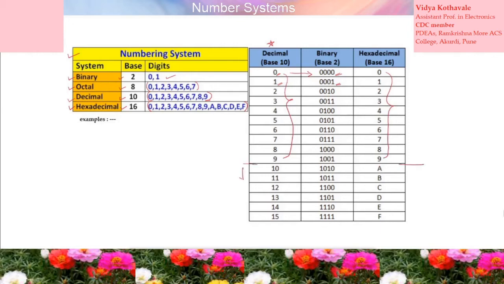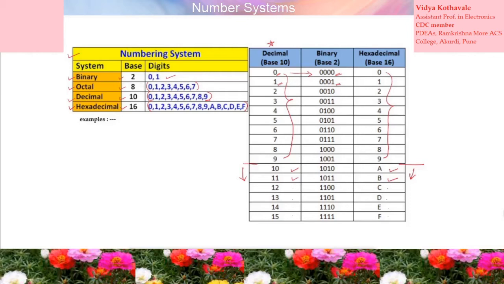Decimal number 10 onwards, in a hexadecimal number system, we see the alphabets coming into picture. Decimal 10 is equivalent to alphabet A in hexadecimal, 11 alphabet B, and so on, 12, 13, 14, 15 as C, D, E and F respectively.